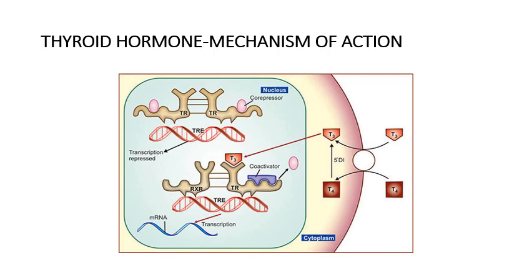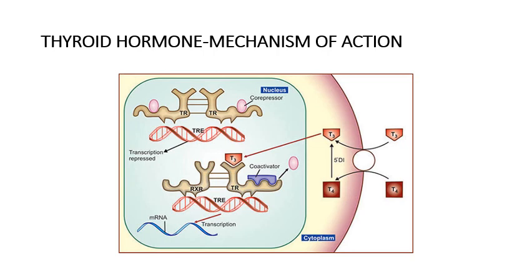We shall now see the cellular mechanism of thyroid hormones. We know that T3 is the biologically active form of thyroid hormone and it has the greatest affinity for thyroid receptors. The thyroid receptors are nuclear receptors, belonging to the nuclear receptor superfamily along with steroid receptor, vitamin D and retinoids. So this thyroid receptor is present inside the nucleus.